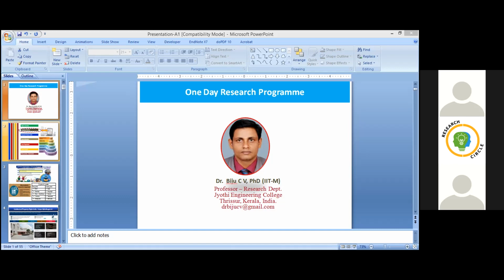Actually, our research is mainly related to a number of activities, and it starts with the topic selection. Most of the time, the scholars, the researchers are confused with the topic selection because most of the topics may be related either to the domain of the research guide or to the work already done in that research group.